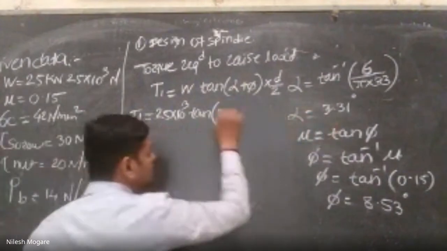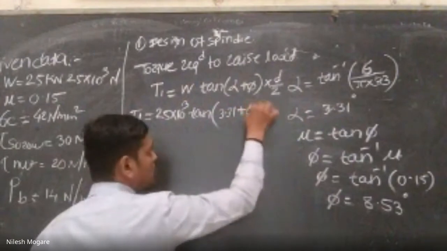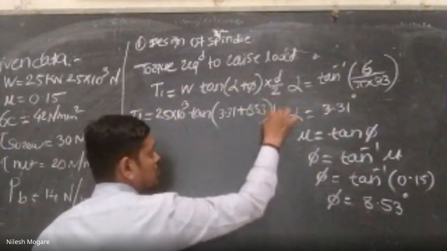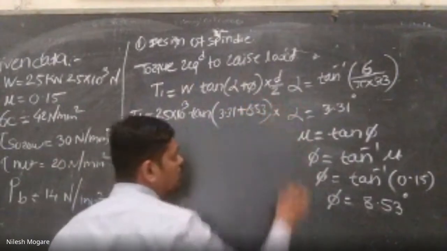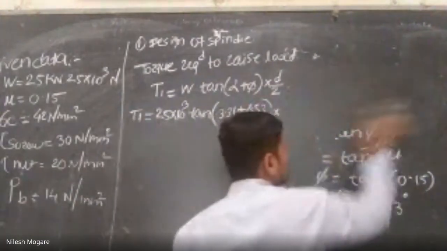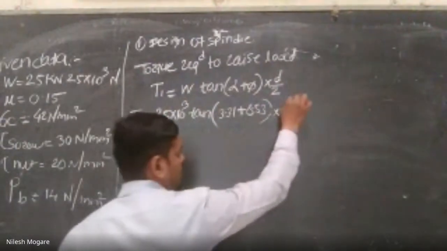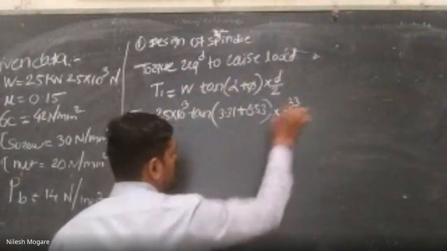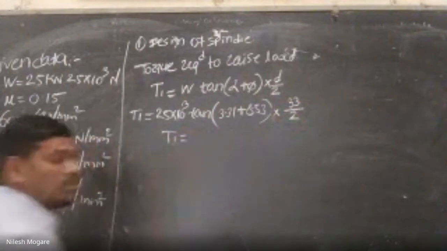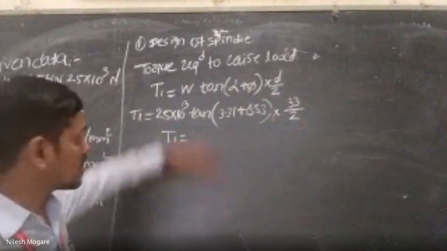Value of alpha is 3.51 plus value of phi is 8.53, into D by 2. So the value of D is 33 mm. We get value of T1, that is the torque required to raise the load.